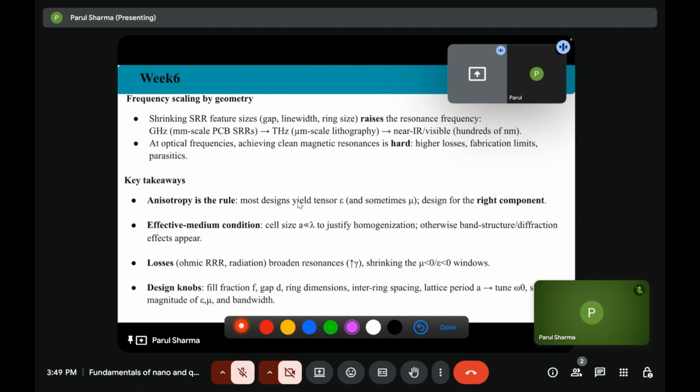So what are the key takeaways from this? Anisotropy is the route, where most designs have a tensor permittivity, like in the X and Y directions the permittivity is different.